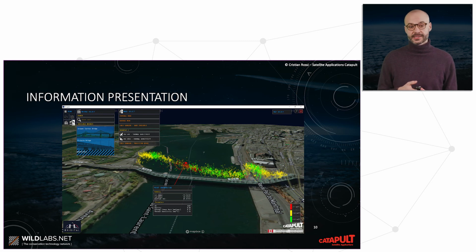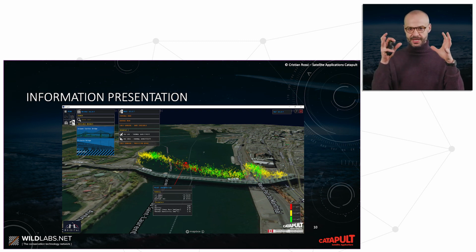You see an example in this slide where it's a different subject in this case. What we see here is a bridge, and the points over there are simply measurements of the displacement on the bridge. We will see this specifically in the synthetic aperture radar lecture, but what I want to focus on here is how we present this information. So our information is simply the measurements, but how do we present it?